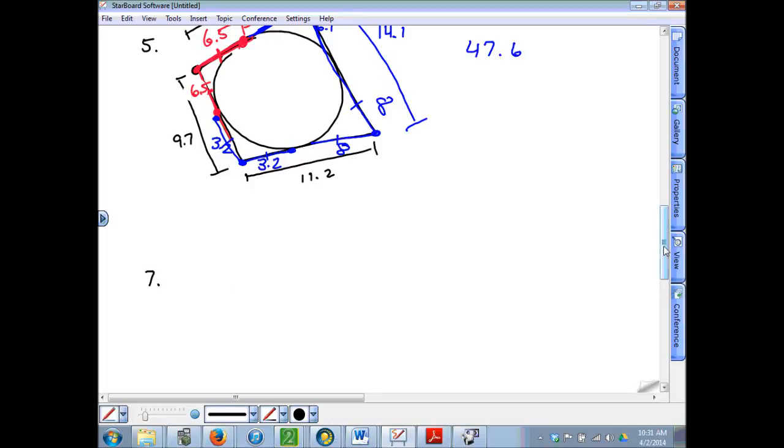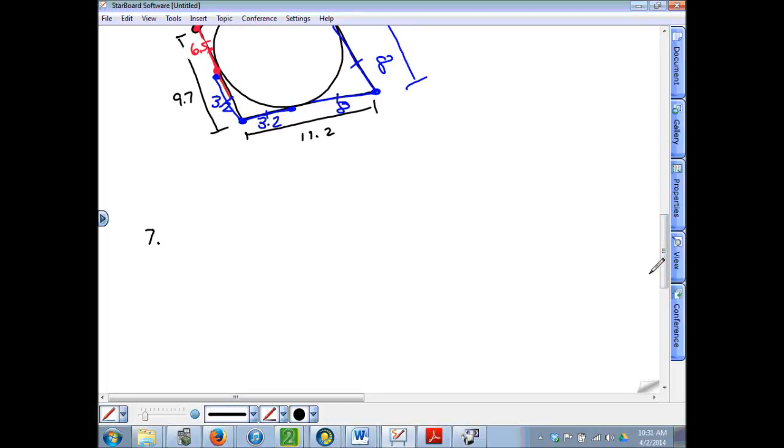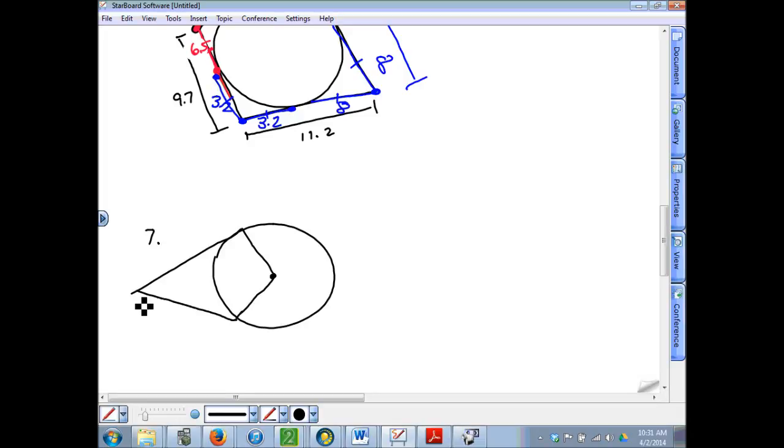How many pages of review are there? 3. I think there's 5. We're going to get through 2 of them today, 3 of them on Friday. So we're going to spend the first 40 minutes of class doing the review. Might not even get through 2 today. The next one's pretty quick. Great.